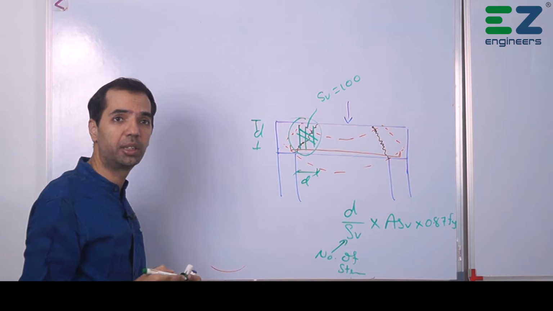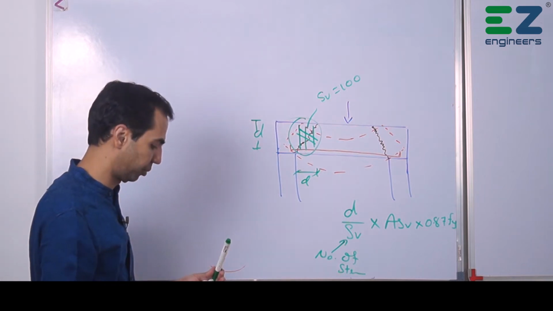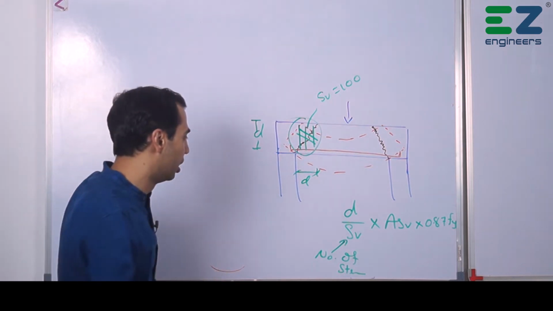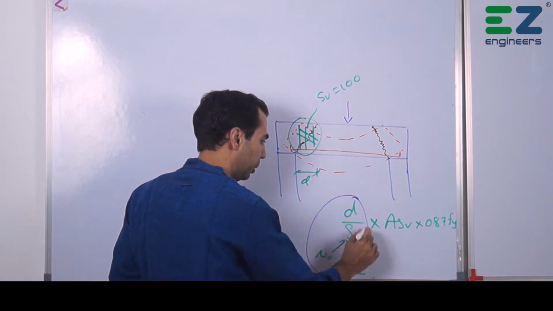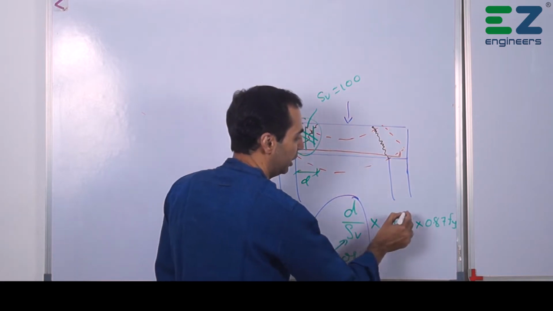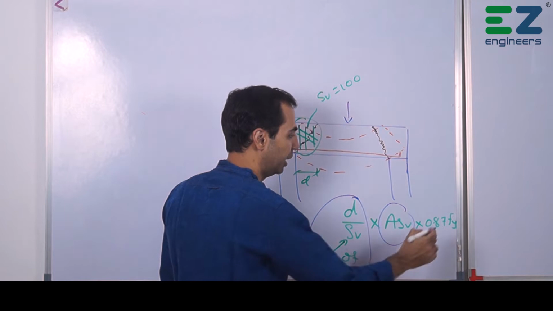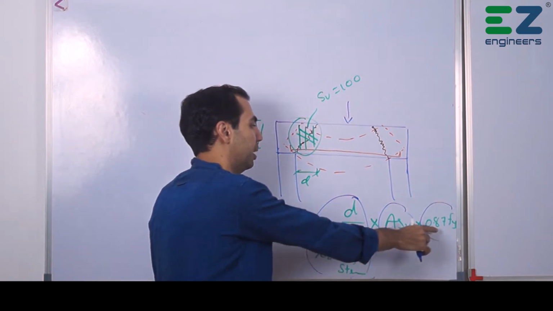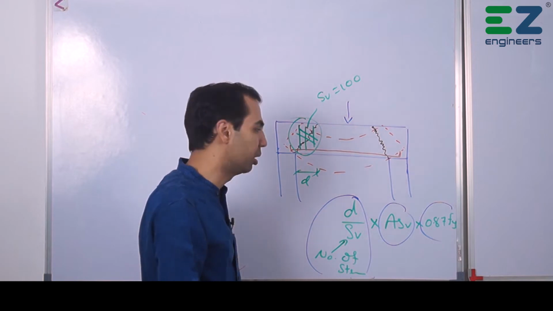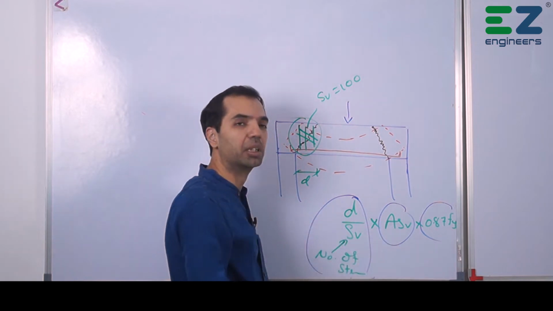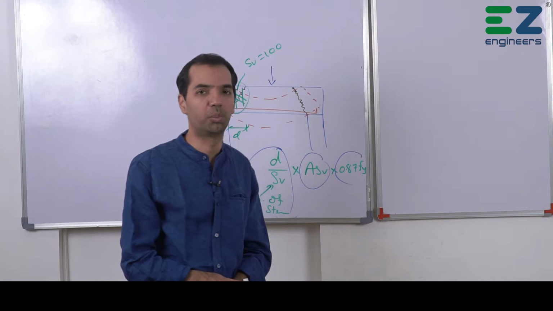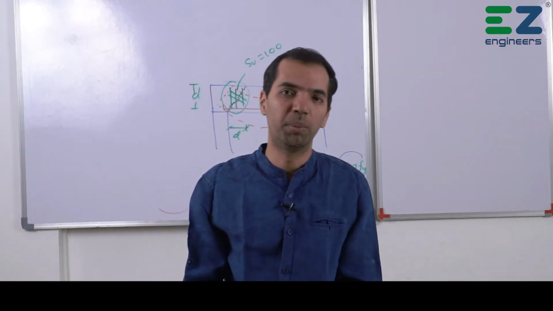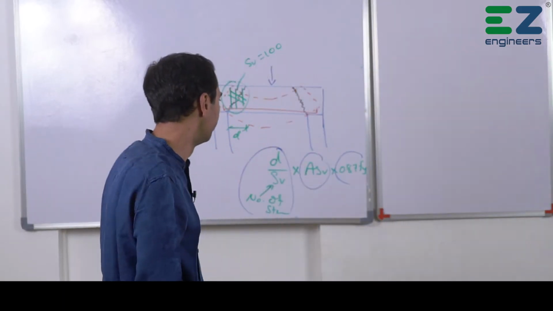Let us understand this. This is the area of one stirrup and this is the strength of steel. So area multiplied by stress will be the strength of one stirrup, multiplied by the number. That will be the total strength of the stirrups which will be carrying shear force.